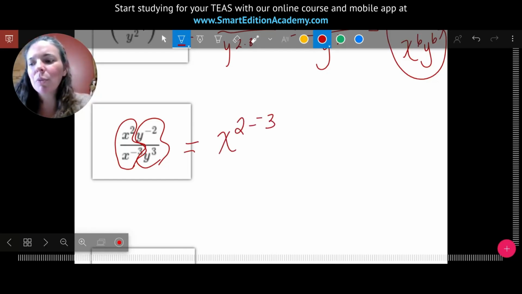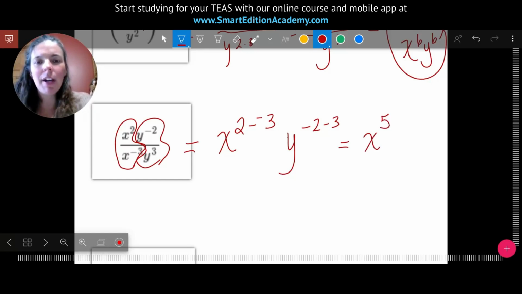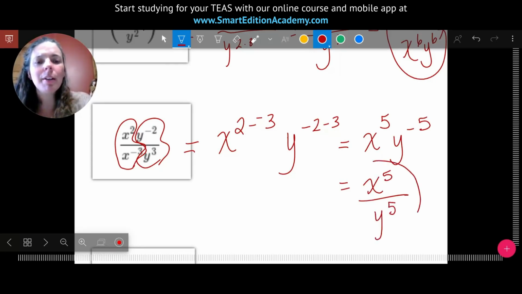So remember, our quotient rule is to subtract. And then y to the negative 2 minus 3. So what happens when I simplify these? 2 minus negative 3 is a positive 5. Negative 2 minus 3 is negative 5. So I want to get rid of that negative exponent so the x to the 5th can stay. But the y to the negative 5th, I'm going to push it to the bottom to make it positive.